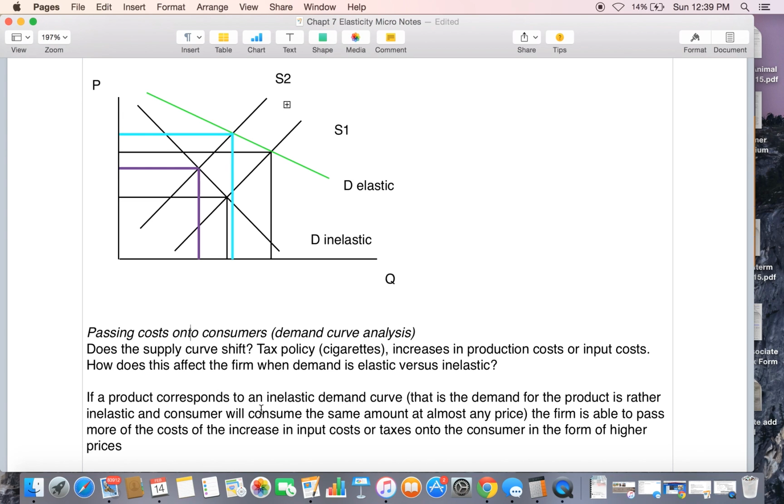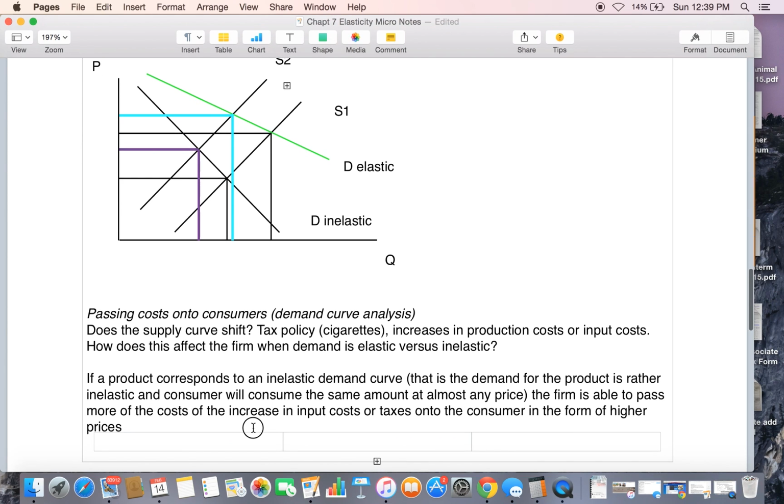Therefore, in a more inelastic situation where the demand for the product is rather inelastic, the consumer will consume the same amount at almost any price. The firm is able to pass more of the costs of the increase in input costs or taxes onto the consumer in the form of higher prices versus an elastic demand curve situation.